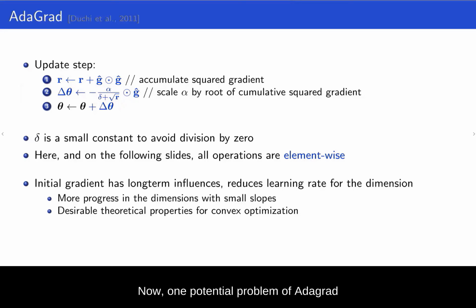Now, one potential problem of Adagrad is that, as I mentioned, this vector r here only ever grows. So the gradient in initial steps has very long-term influences and reduces the learning rate for a given dimension for good. So it's not possible at all anymore to increase the learning rate for a particular dimension.